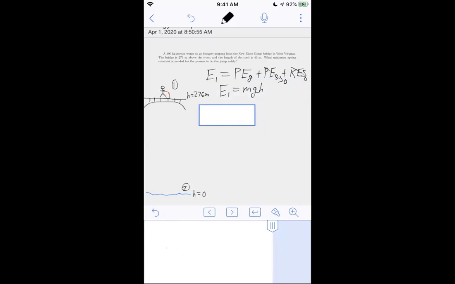All right, so I'll give you a minute to work on your own. Try writing out what types of energy would be present when the person is at point 2.